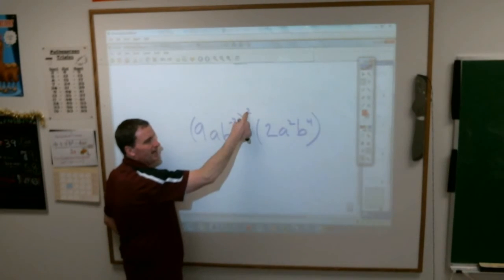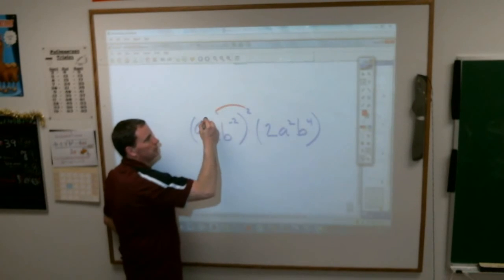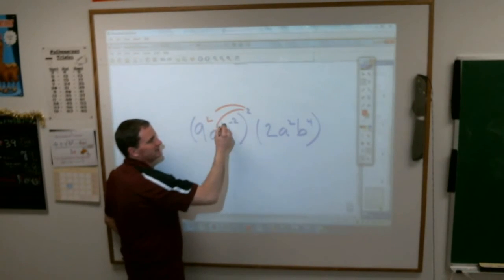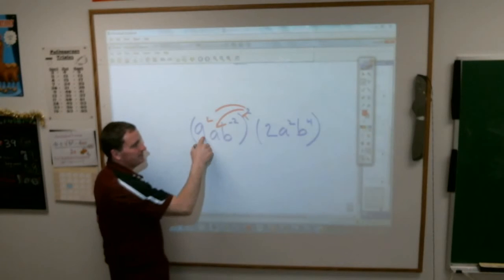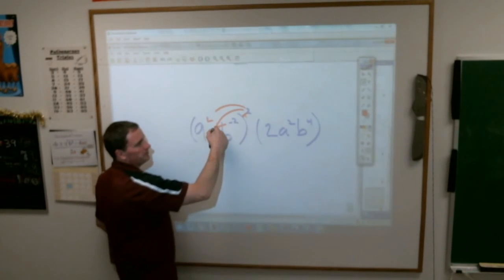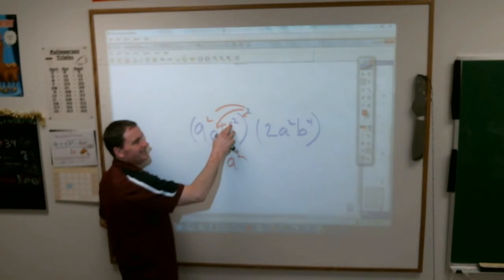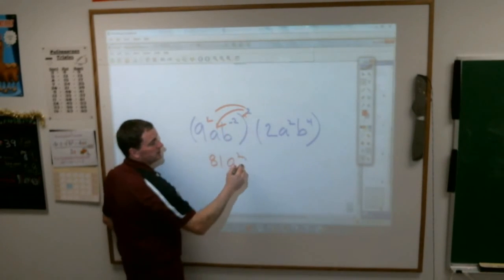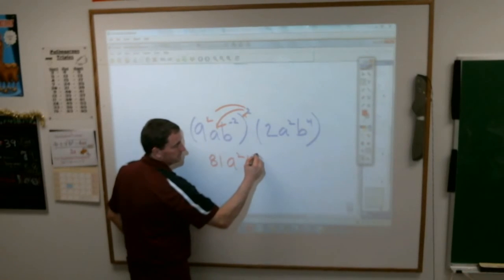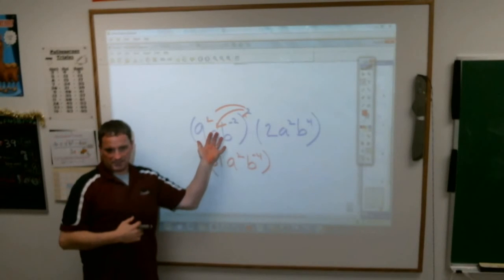The power to power rule says that you have to take this 2, and it goes for everything inside here. You multiply it. 9 times 9 is 81. A to the first power squared is a squared. B to the negative 2. Negative 2 times 2 is a negative 4. Yes. That's the first parenthesis simplified.